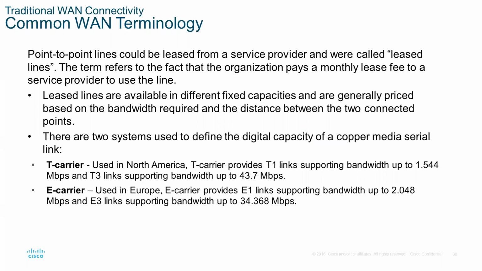Now, in Australia, we used the E standard, and that meant a standard E1 link would support 2 megabits per second, whereas a T1 standard over in the US would be 1.5 megabits per second. So we have different maximum capacities within the various standards.